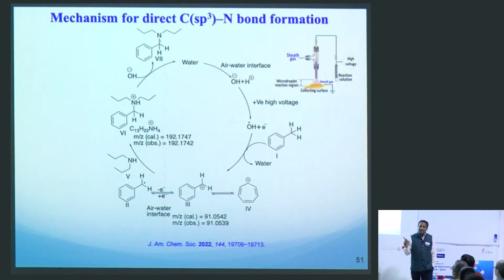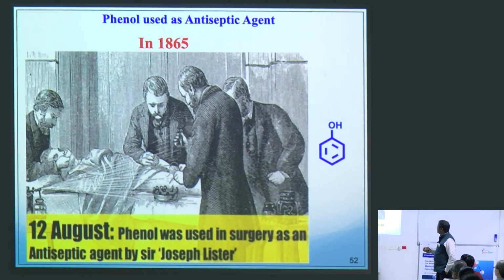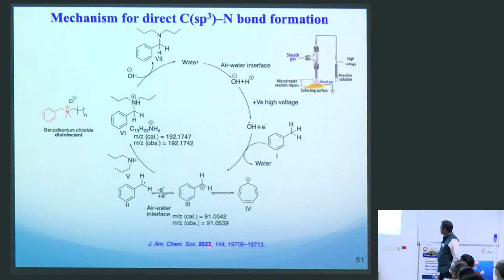Now the benzyl carbocation is highly stable due to resonance, so it forms the tropylium ion. The ring opens and then forms the seven-member ring. That's why this is also aromatic, so one can stabilize the benzyl carbocation.